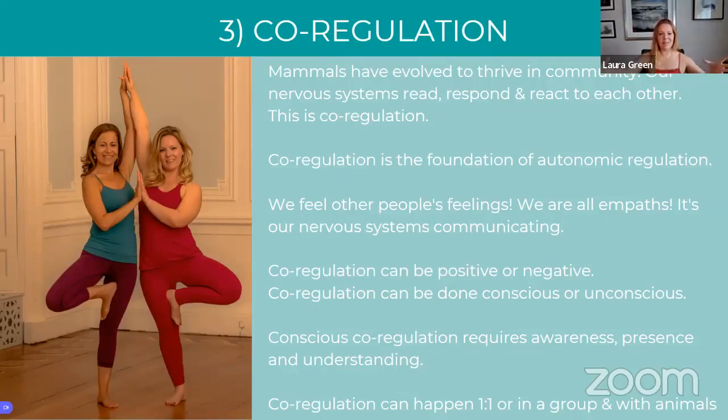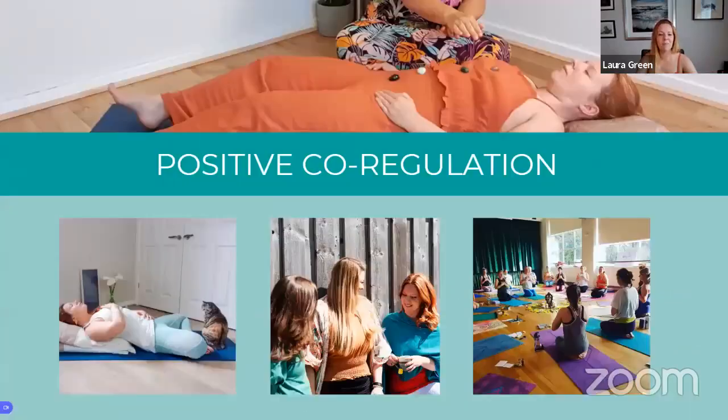The co-regulation is always also happening in a group. And of course, without communication, just simply bringing a class of students together, those energies are co-regulating, creating something in that space. As I said, it can be done with animals as well, which is one of my favorite ways.